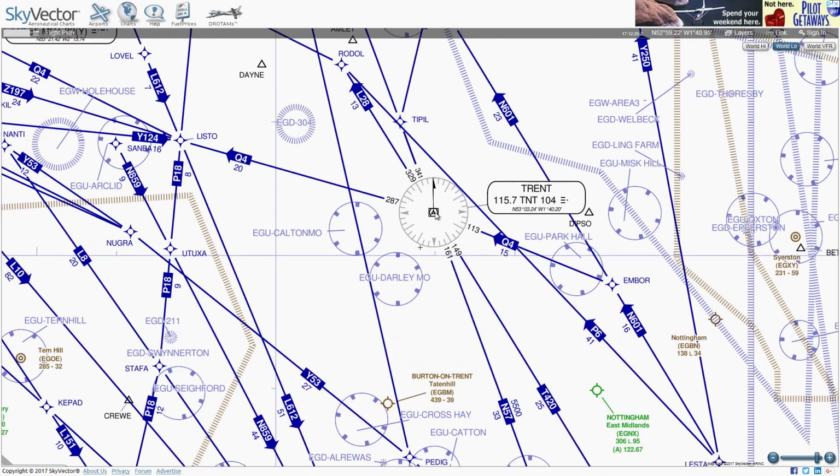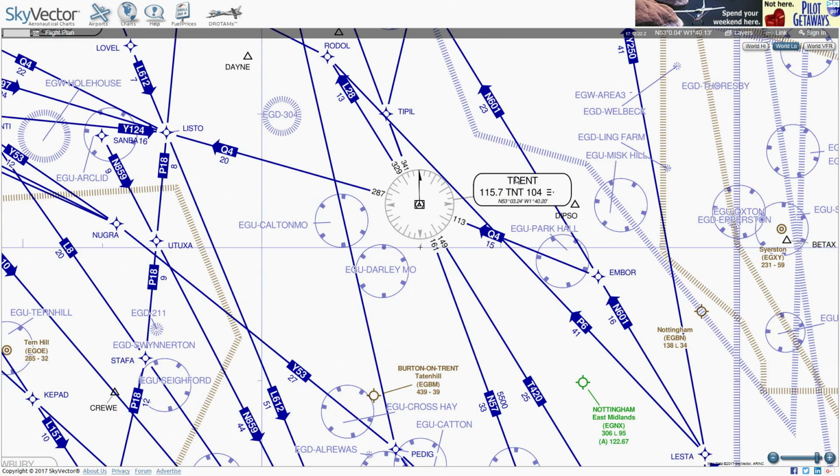Very, very simple. We have the information again for the VOR. From looking at the VFR chart, you should know what this is already, but let me quickly go over it again. Name of the VOR, code of the VOR, frequency of the VOR, altitude of the VOR station, and the Morse code identifier.